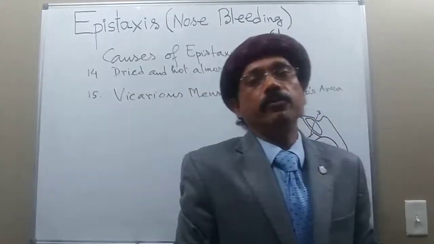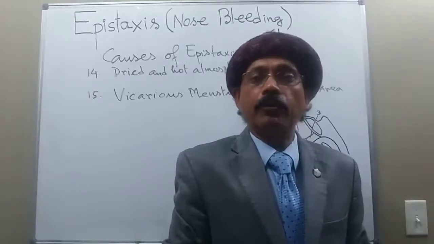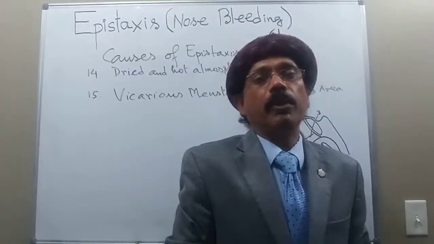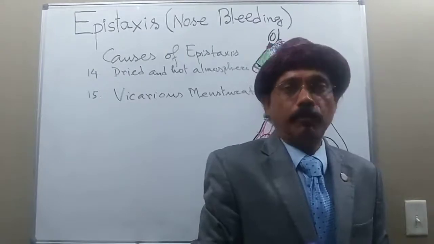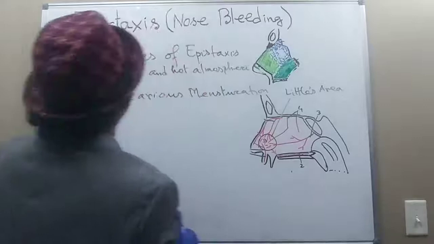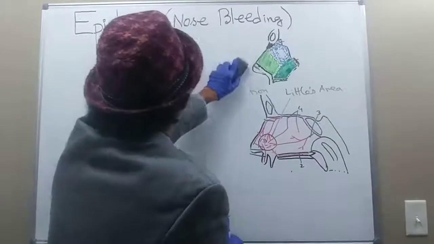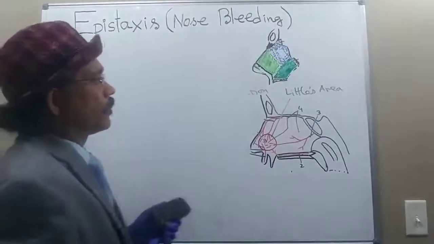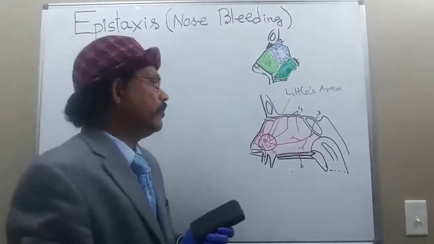It may be related to some ectopic endometrial cells that develop outside the uterus, that may change during the menstrual phase of the menstrual cycle. So there are many causes of epistaxis. We got the causes of epistaxis, and we got the location of epistaxis.